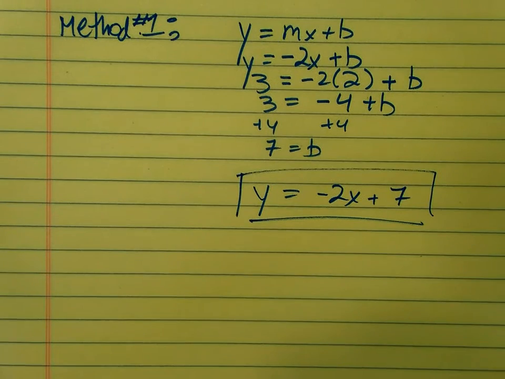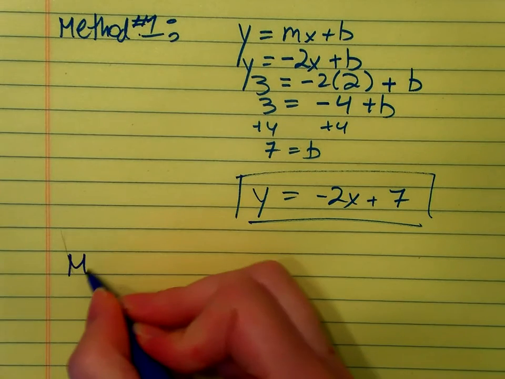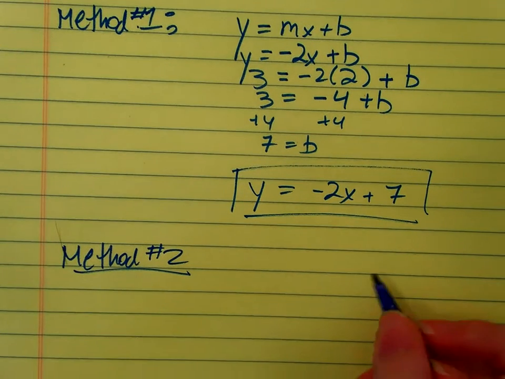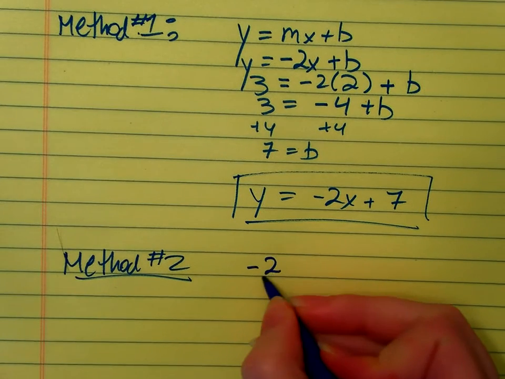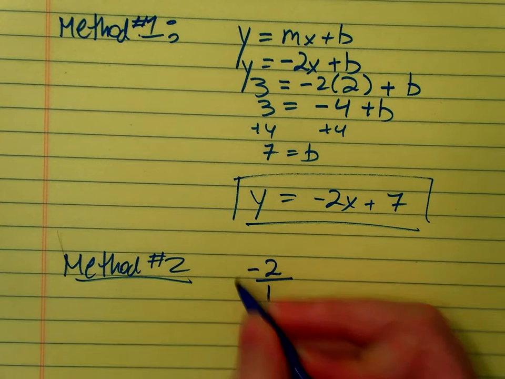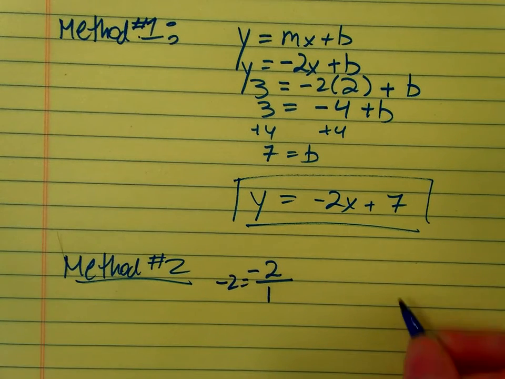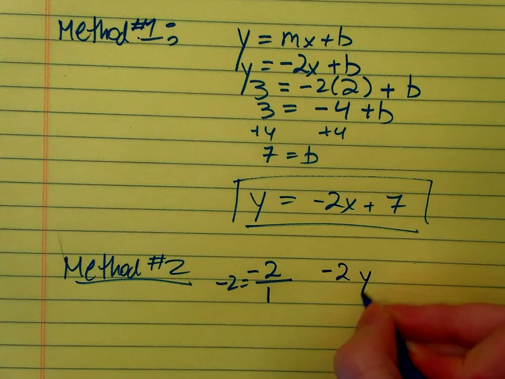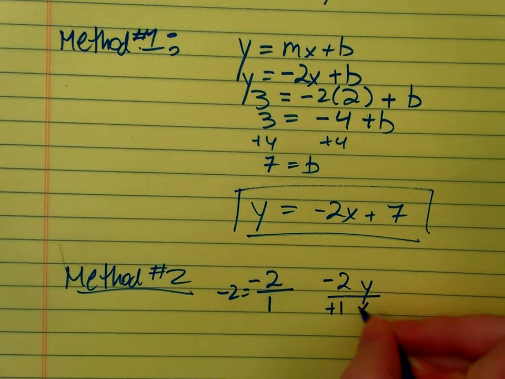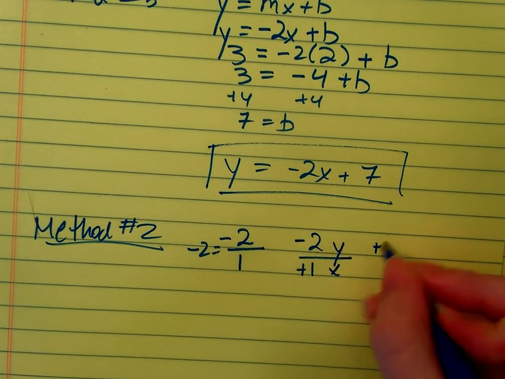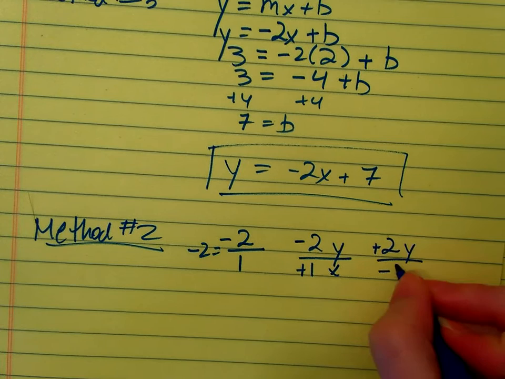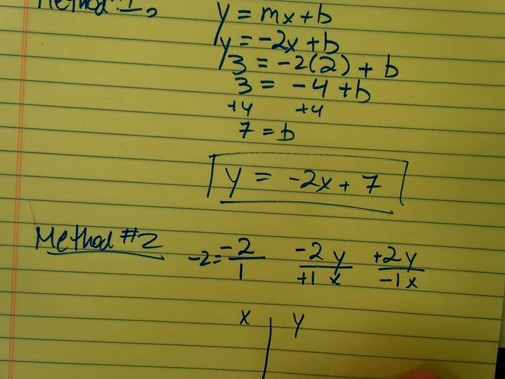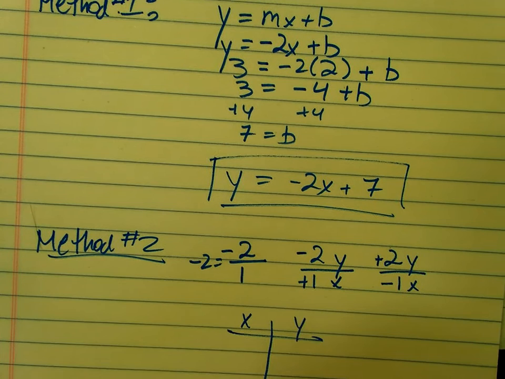Let's try it with the second method. Method number 2. So I'm already going to reason out to myself what the slope means. Negative 2 is the same thing as negative 2 over 1, which means we minus 2 on the y and add 1 on the x, or we're adding 2 on the y and subtracting 1 on the x. The point that we were given was (2, 3).